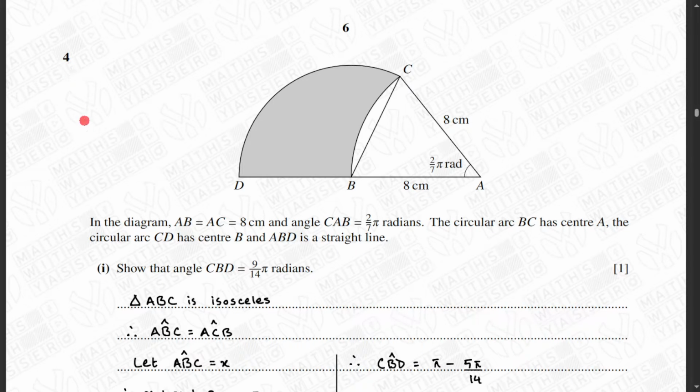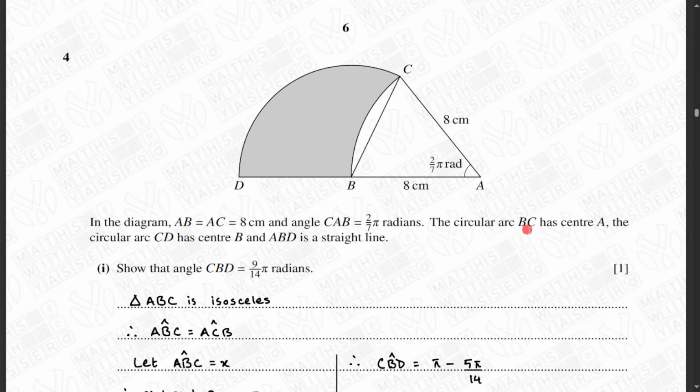Question number 4. In the diagram, AB is equal to AC is equal to 8. So AB equals AC equals 8 centimeter. And the angle CAB, which is this angle, is 2 pi by 7 radians.